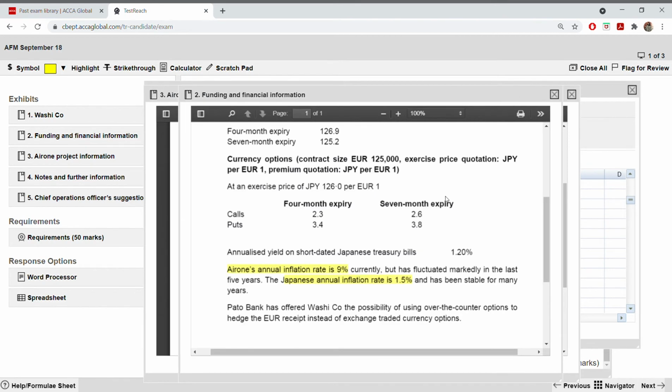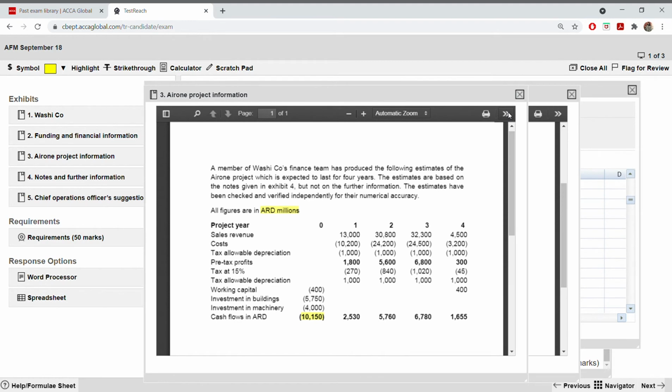Okay, so what is the base and what is the counter currency? Counter currency is ARD and base currency is Japanese yen. Okay, so Japanese yen's currency will be in the denominator and the counter currency will be on the top.